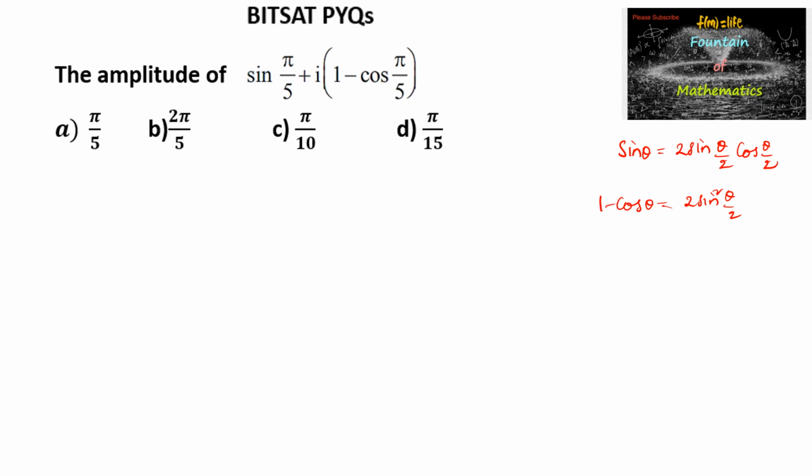So we can write here 2 sin pi by 10 into cos pi by 10 plus i times 2 sin square pi by 10.